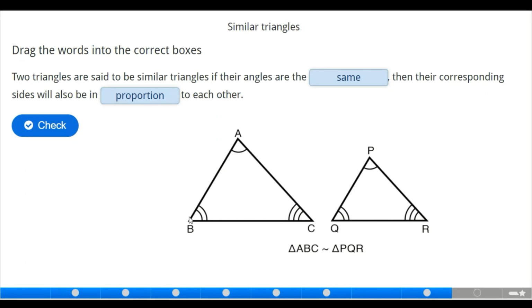Look at triangle ABC and triangle PQR. They have the same angles, and their sides correspond to each other. So we call these corresponding angles. So triangle ABC and triangle PQR are similar triangles.